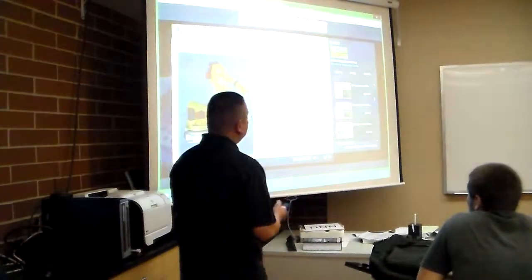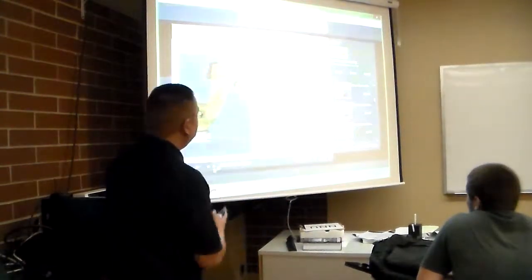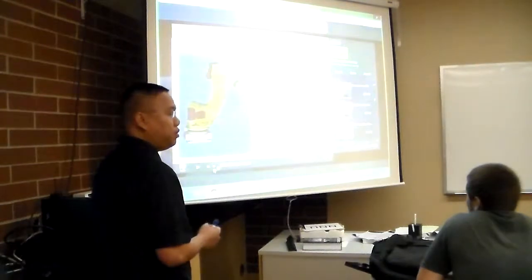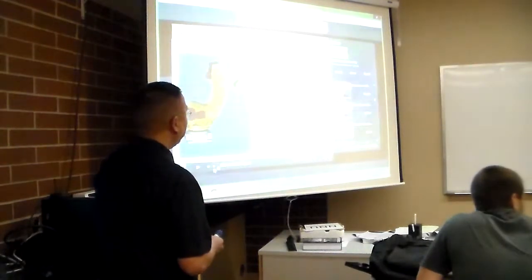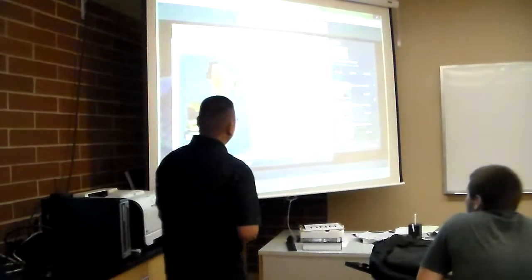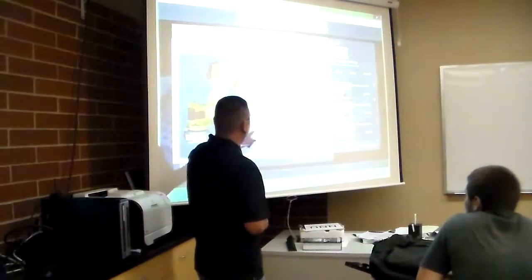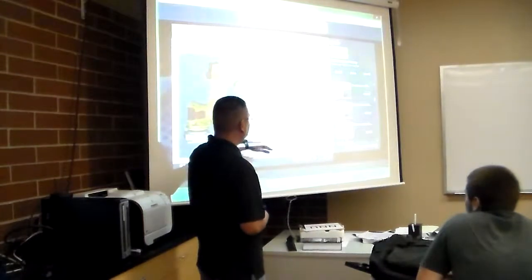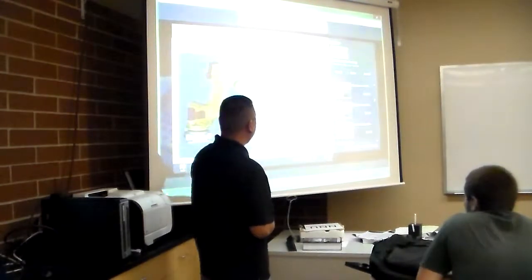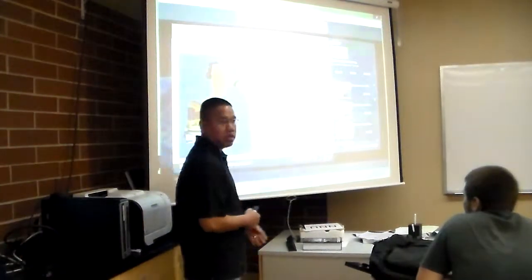And then by pressing the position menu, it will give us the position of the robot, X, Y, and Z, the three positions, and the yaw, pitch, and roll.